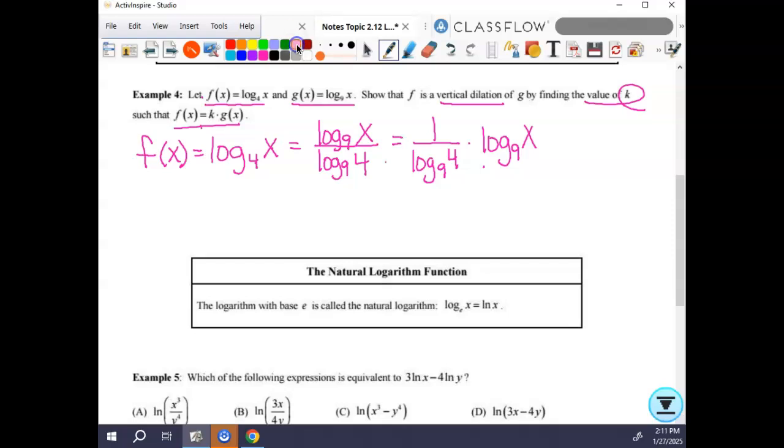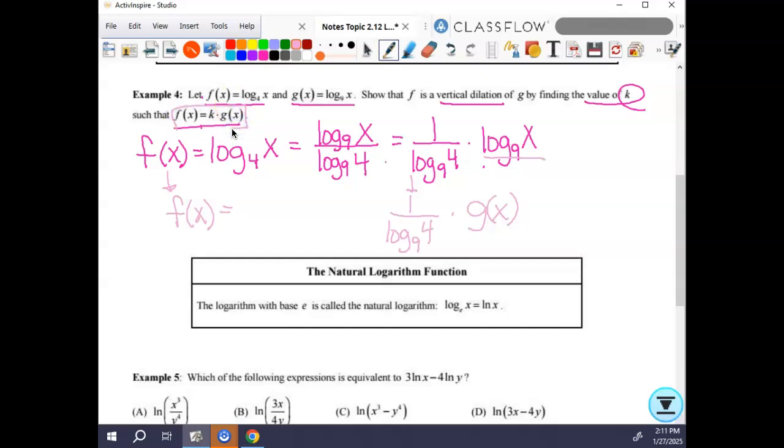So here then, bring down my f of x. That's equal to 1 over log base 9 of 4 times, what is log base 9 of x? g of x. And now what I have written in that light pink color matches this.